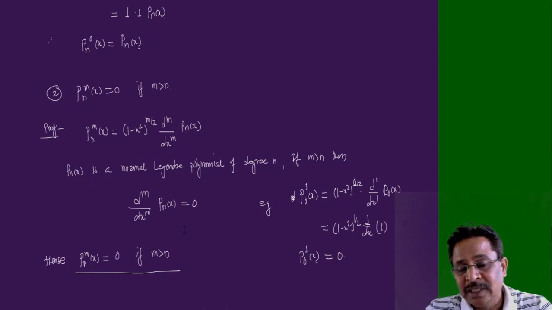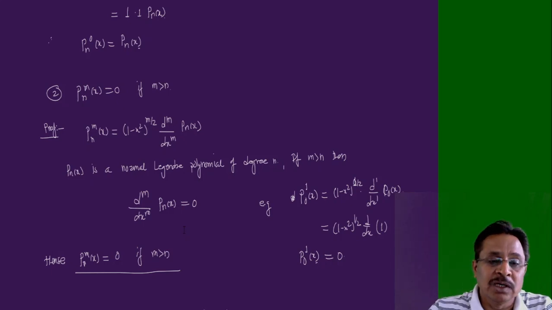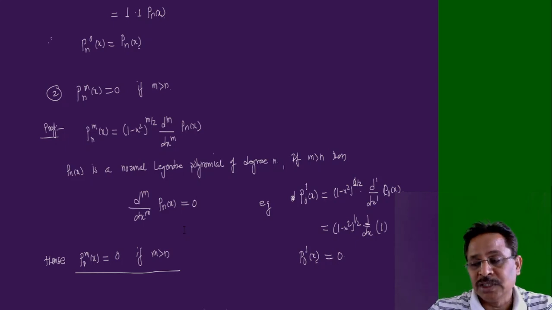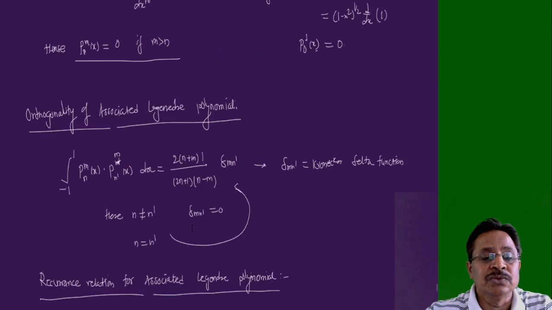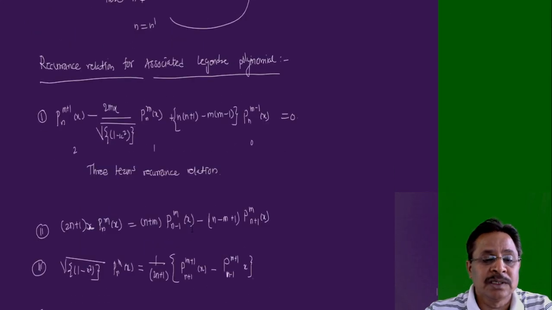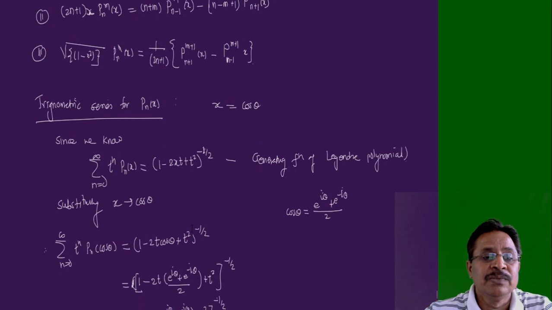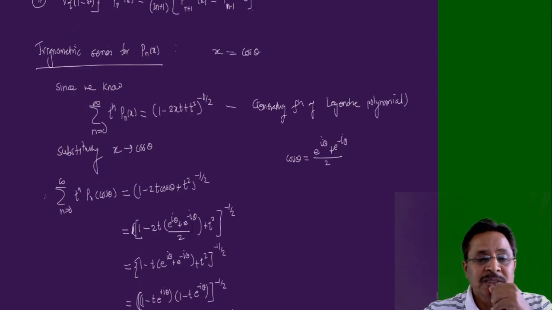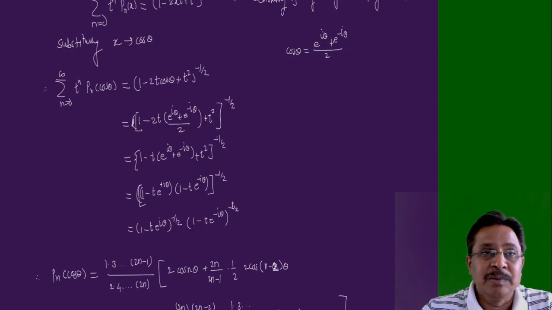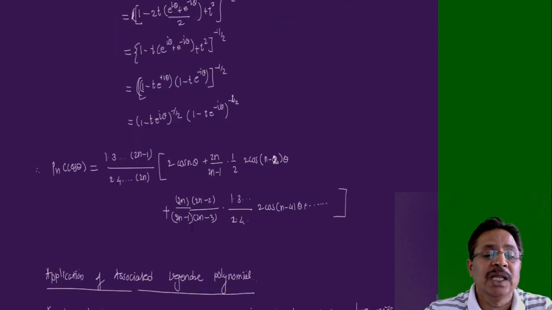So what we learn in atomic and molecular physics, what we learn in quantum mechanics, and what is its basis in mathematics, can be understood from this type of derivation which we have just now seen. So this is what the associated Legendre polynomials are, their properties, their recurrence relation, their orthogonality condition. Then in trigonometric conversion, that means replacing x by cos theta and adjusting all the terms, the Legendre polynomial P_n of x can be expressed in trigonometric form, that is P_n of cos theta.